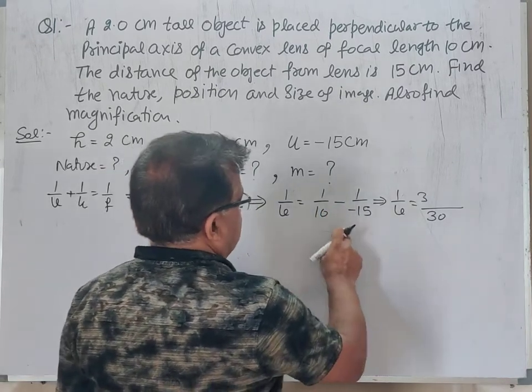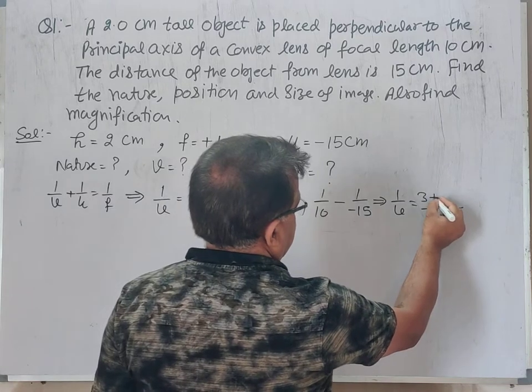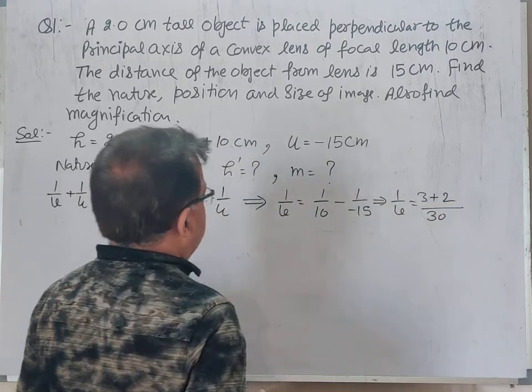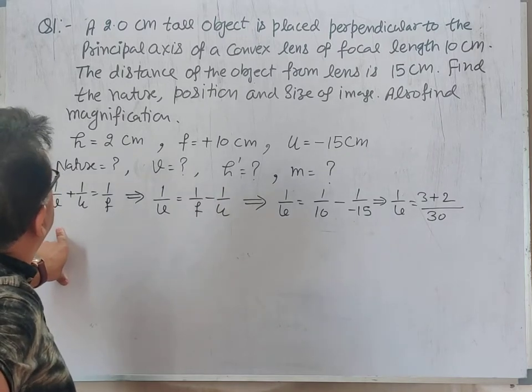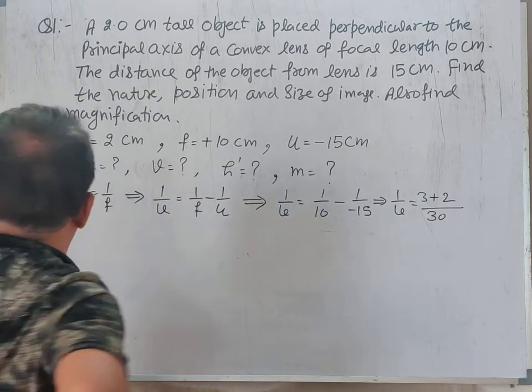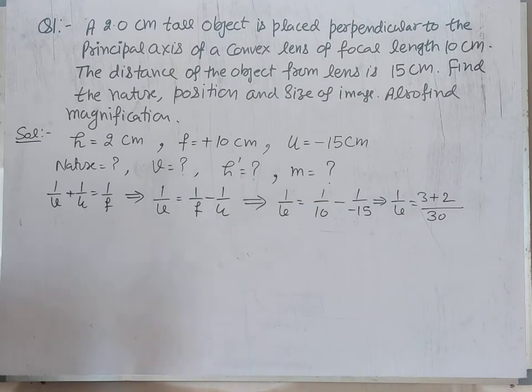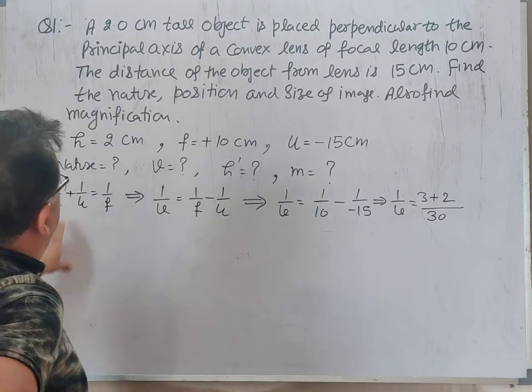There is something problem, I think. Is the lens a convex lens or not? It is a convex lens. Yes. Oh, the formula is wrong.